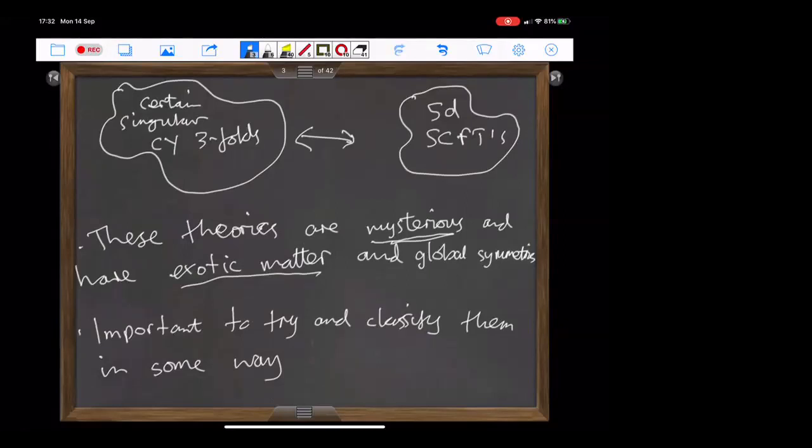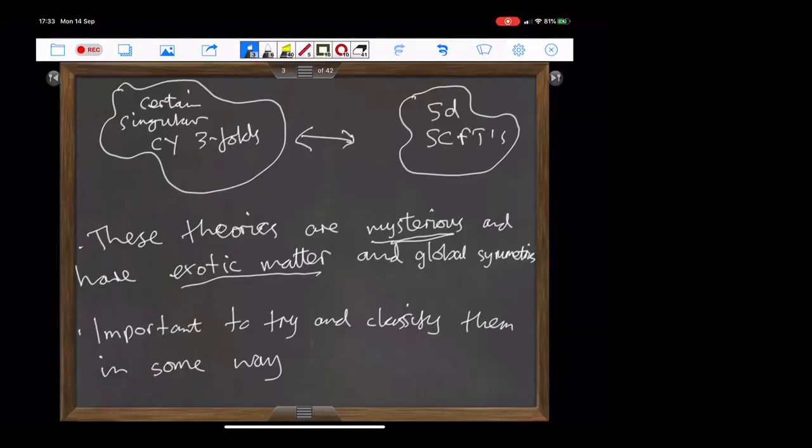They contain exotic forms of matter, and so in these interacting field theories, the matter is not described by any approximation in which you can just use fields like we do in, say, the standard model of particle physics.